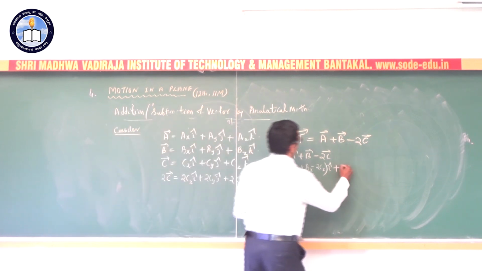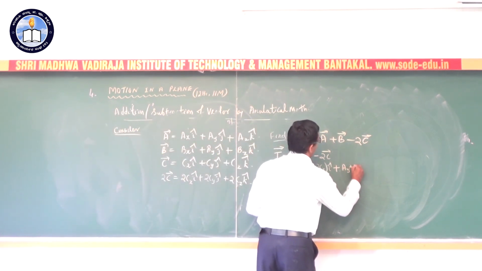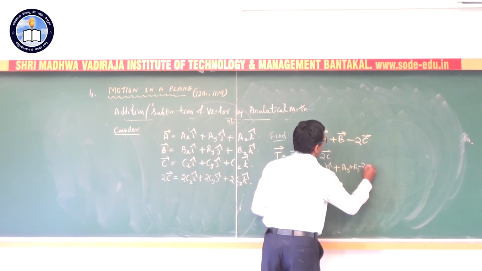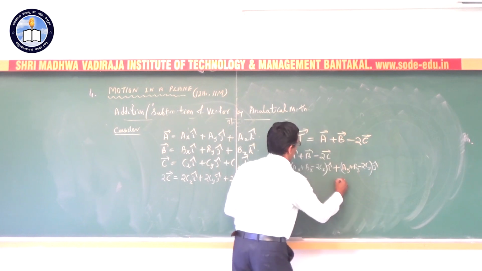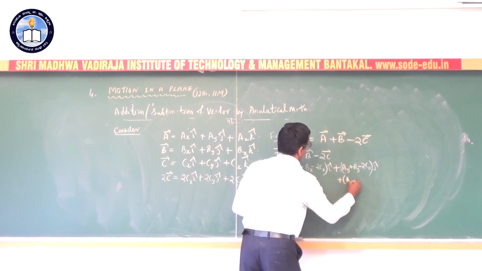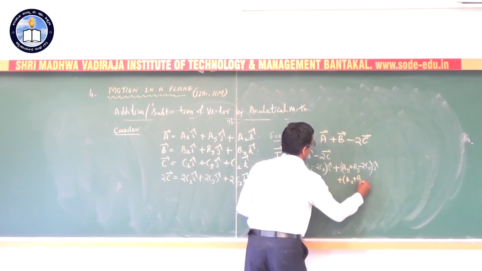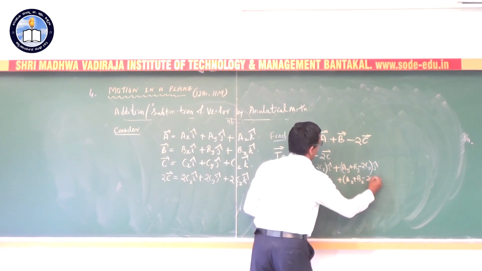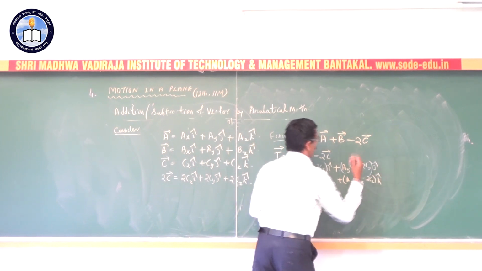What we get: ay plus by minus 2cy into j cap plus az plus bz minus 2cz into k cap.